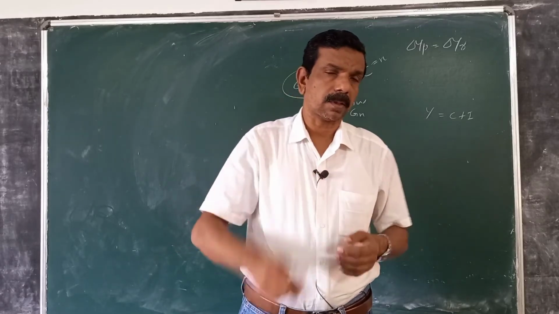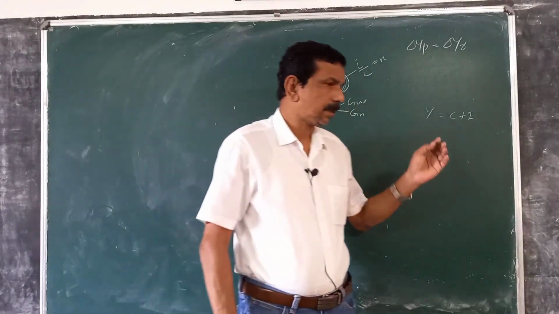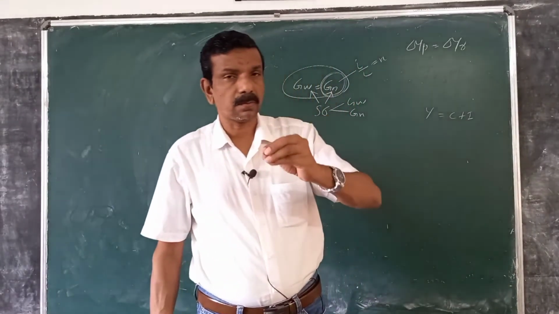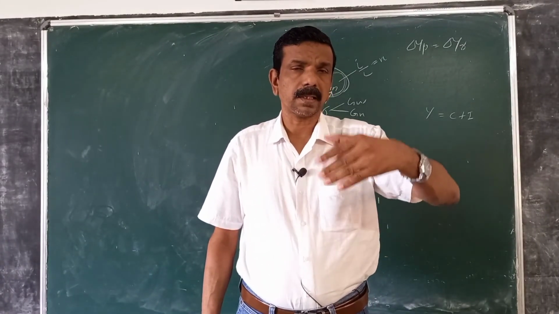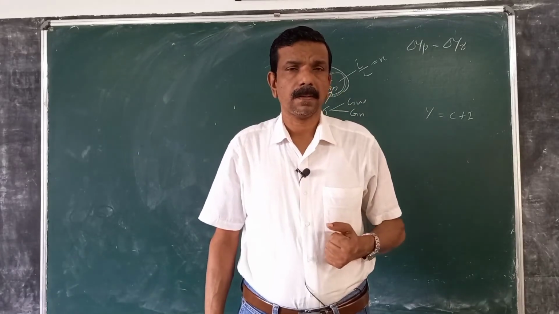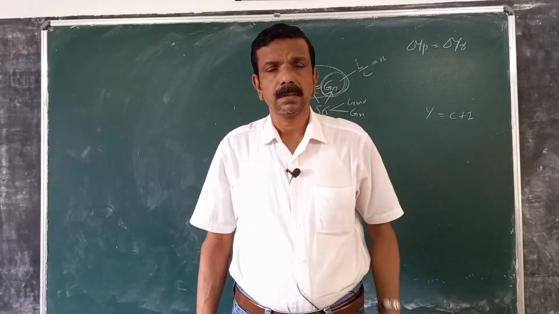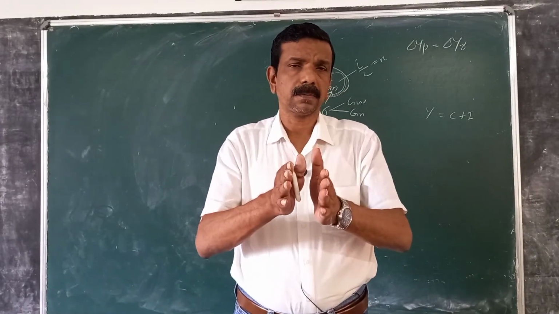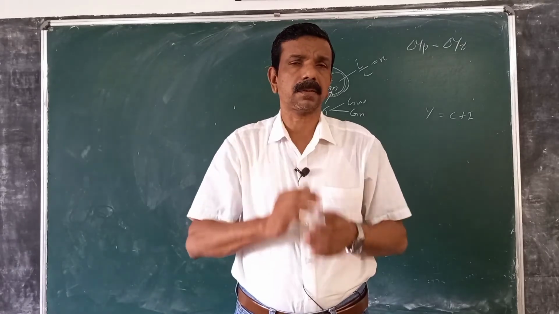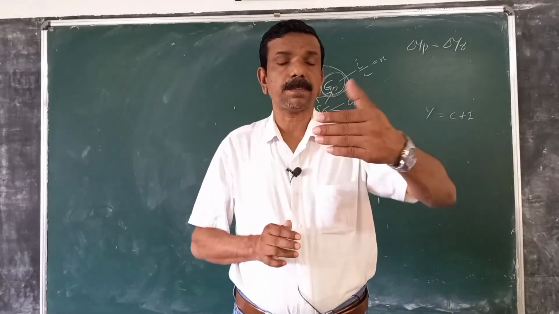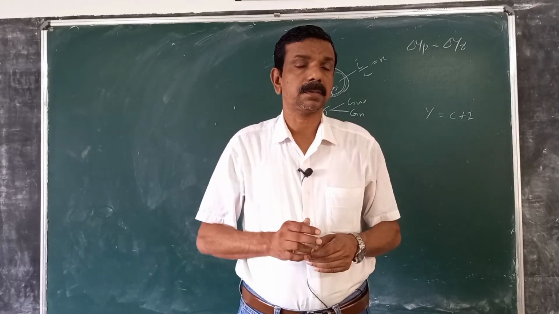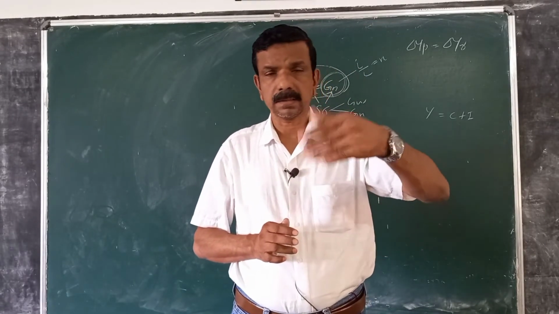In the Keynesian model, investment is considered to have only the demand effect. That is, aggregate demand will increase. But in the Keynesian model, the effect of investment on capital stock and hence the productive capacity of the economy is not discussed because Keynesian analysis is short run.